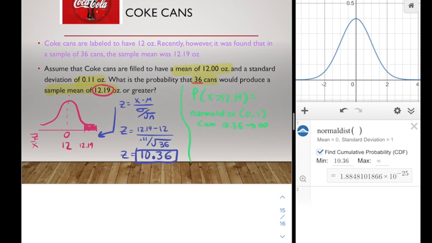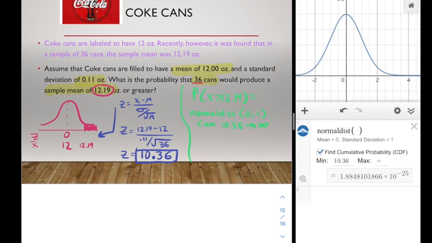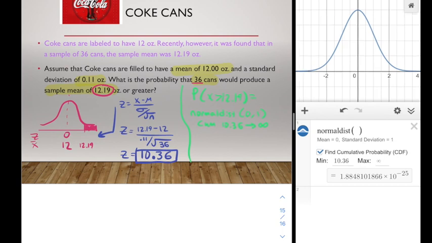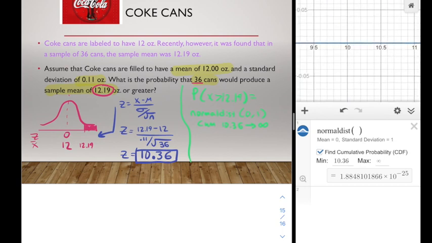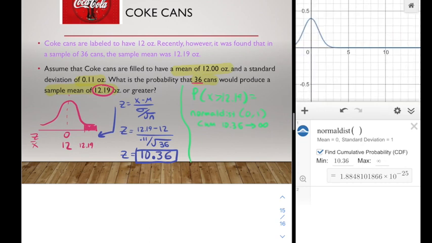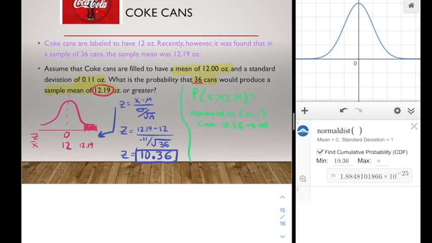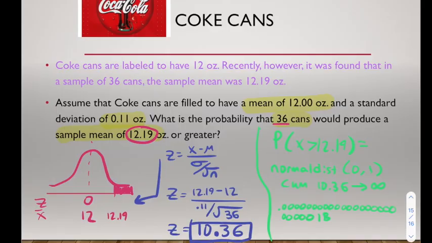If you look on my graph right now, it cuts off at 4, which means 4 standard deviations, but we were asking for 10.36 standard deviations. So even if you tried to zoom in really far on 10, it's such a small probability, you wouldn't even be able to see the shading. With that 10 to the negative 25th, you'd have to write out that many zeros to start seeing this probability.